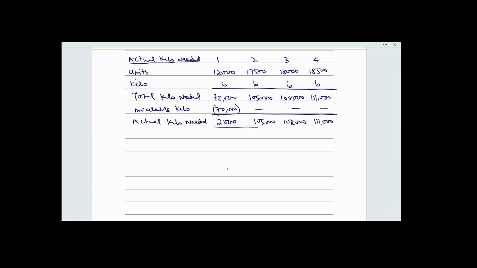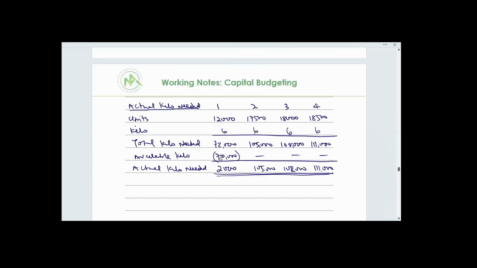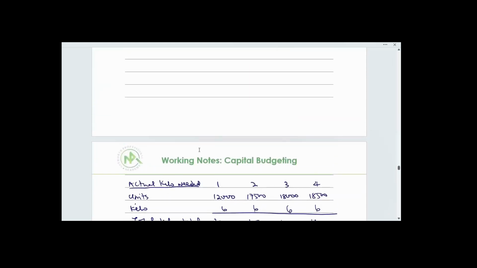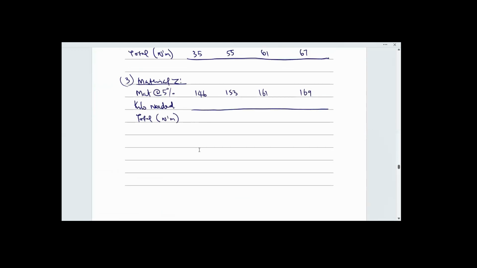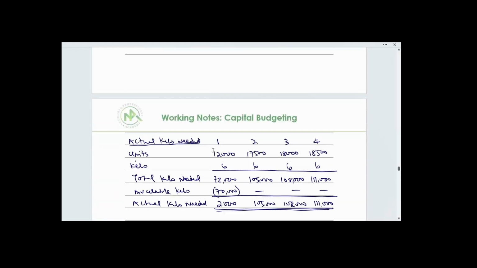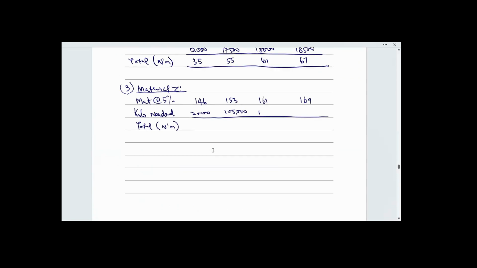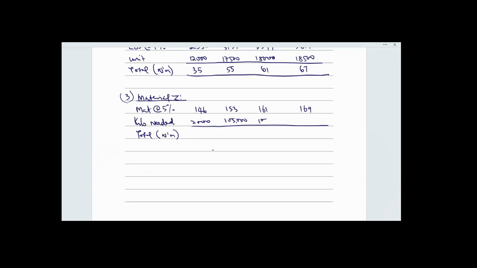So now that you have the actual kilos needed, you need to go and multiply. I will then go up there. Year 1, kilos needed, 2,000 kilos. 105, 108, then triple 1. So multiply.